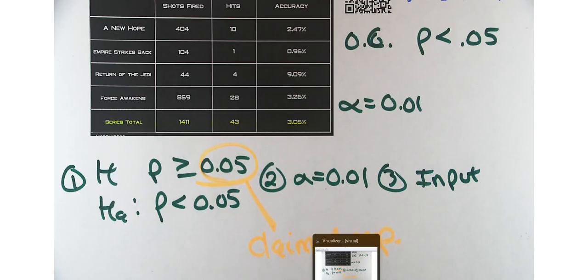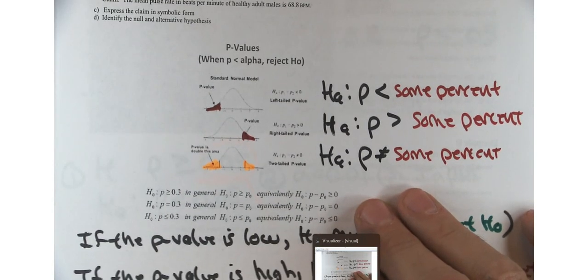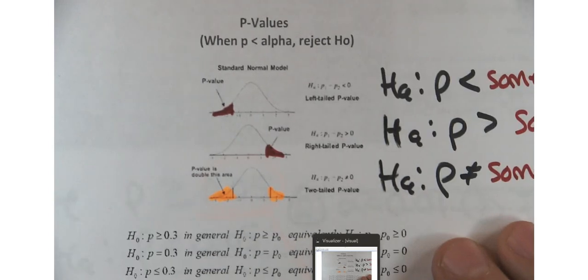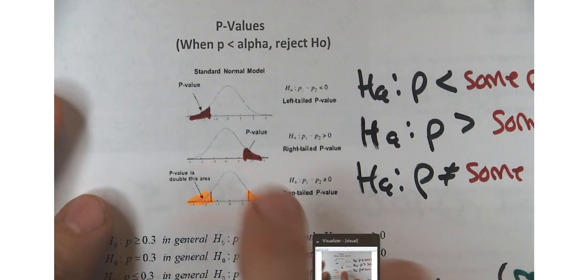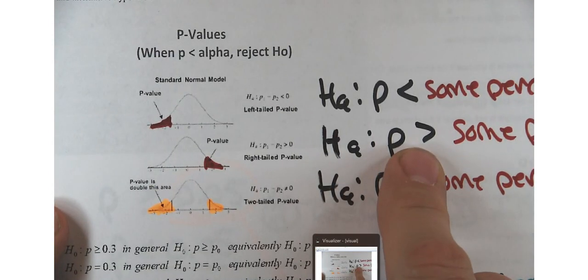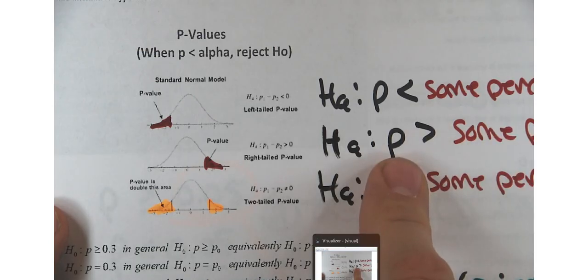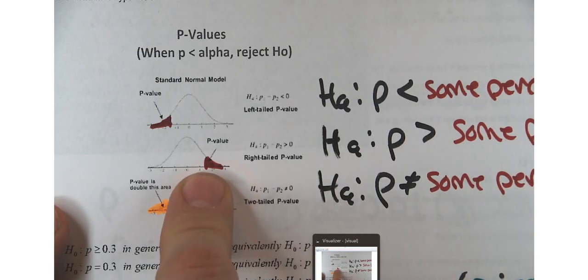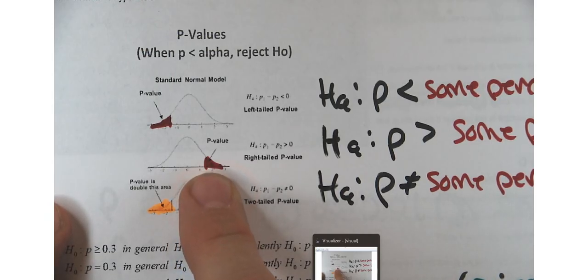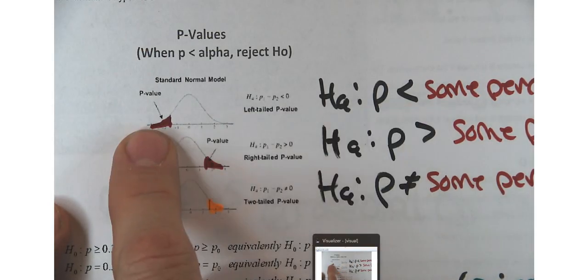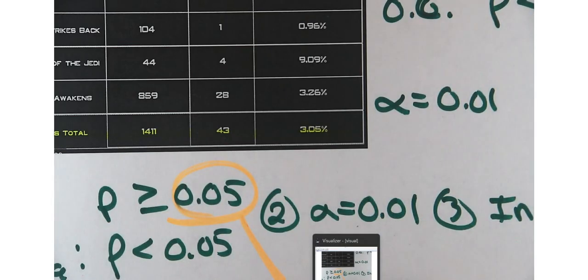So going back to section 8.1 material, remember this sign points in the direction of the tail. So this is going to be a right tail test. StatDisk will find a p-value by the area in the right tail. If it points to the left, then you get a left tail test. So this is going to be a right tail test.